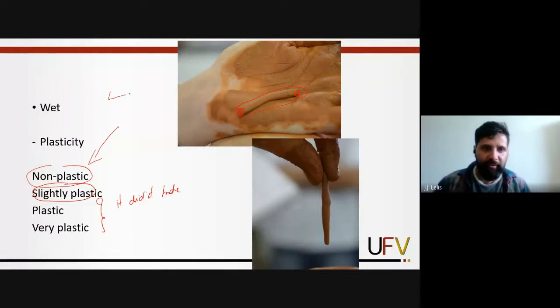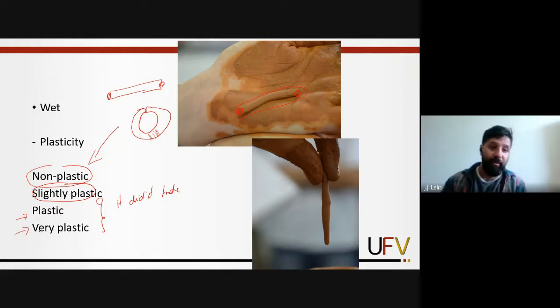I have this tube, and I try to connect this point and this point, so I make something like this. And I can't see cracks here. Okay, it could be a plastic or a very plastic consistency.